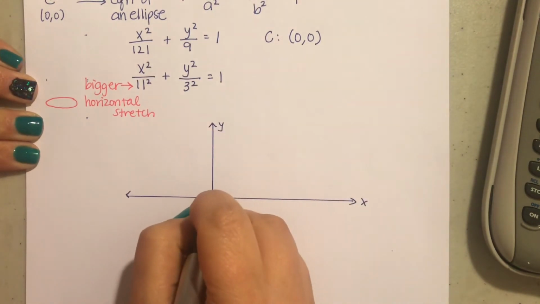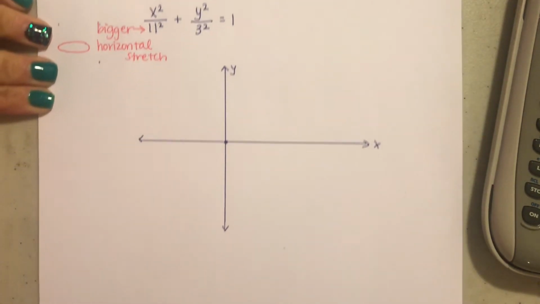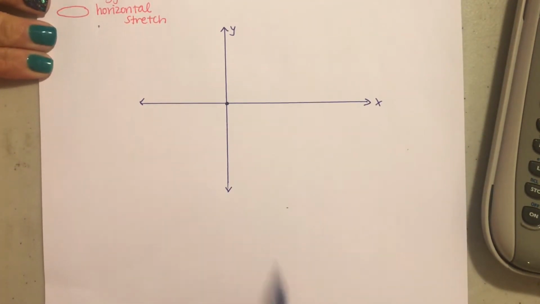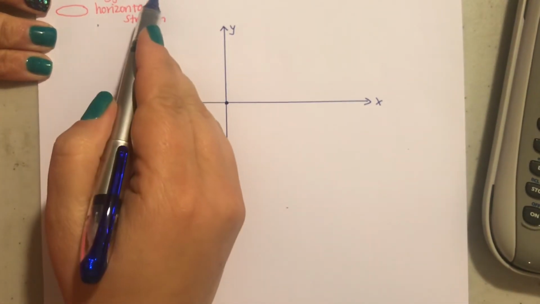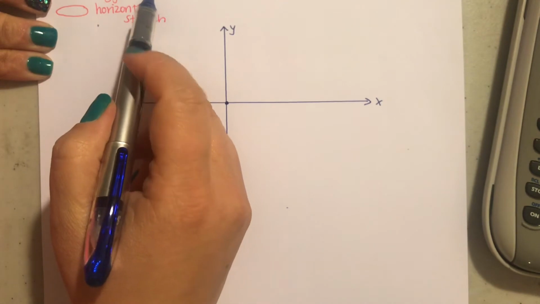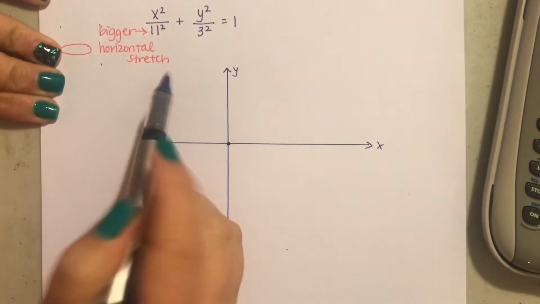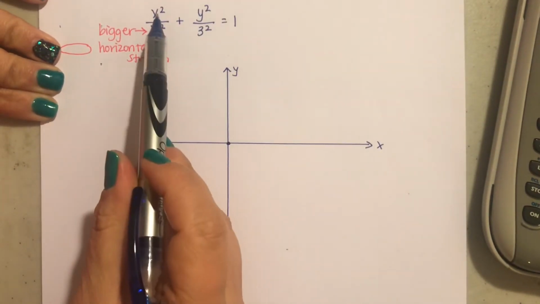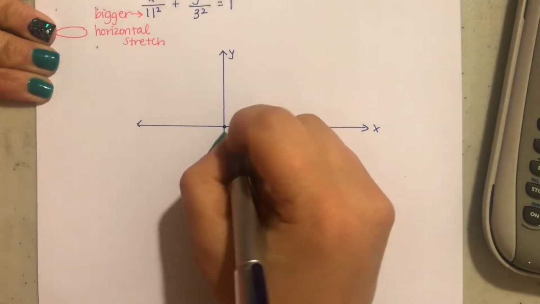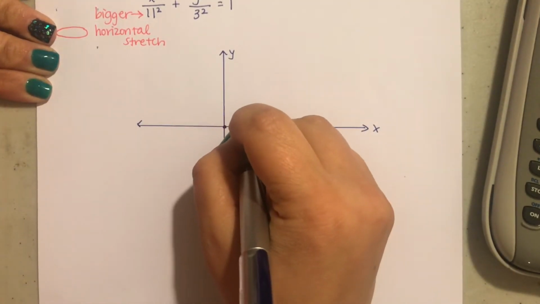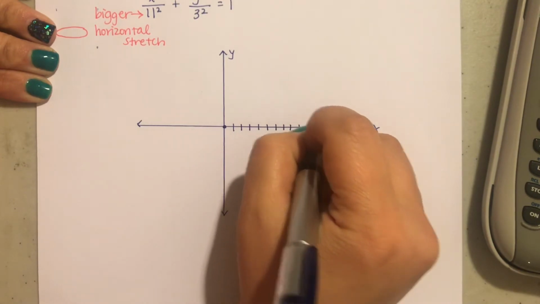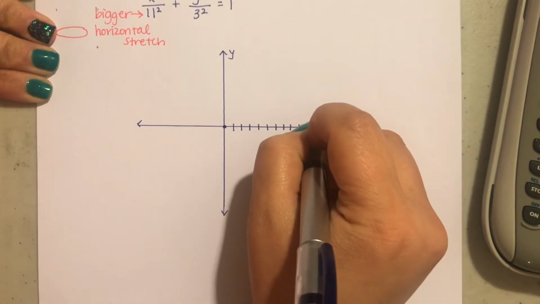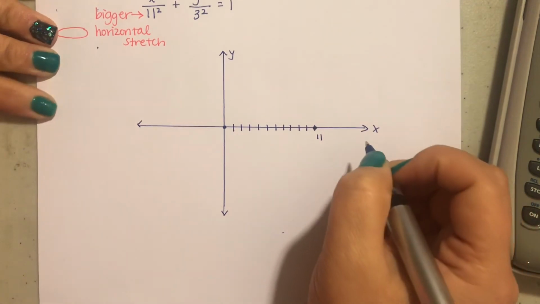We know we're centered at 0, 0, and this tells us we're going to go 11 in each direction along the x-axis. So I'm going to count 11. 1, 2, 3, 4, 5, 6, 7, 8, 9, 10, 11. And I'm going to put a point there because this is one of our vertices.